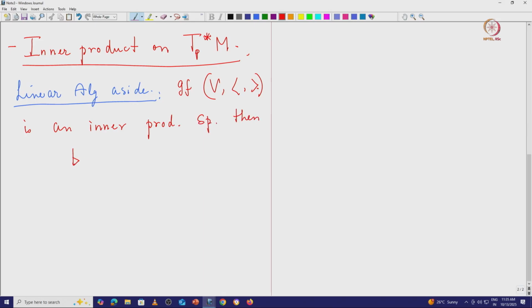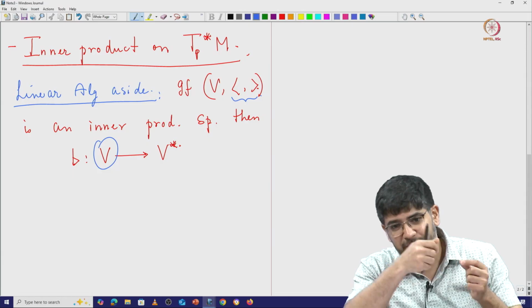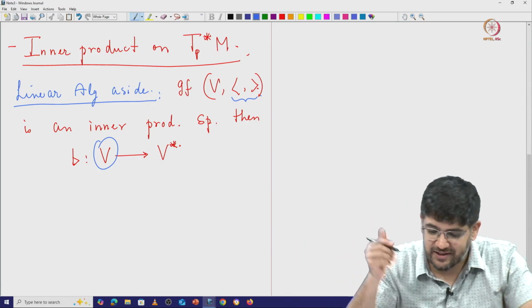Then we have this flat isomorphism from V to V star. So I have this inner product which I am denoting by these angled brackets on V. Using this isomorphism I can transfer the inner product to V star.